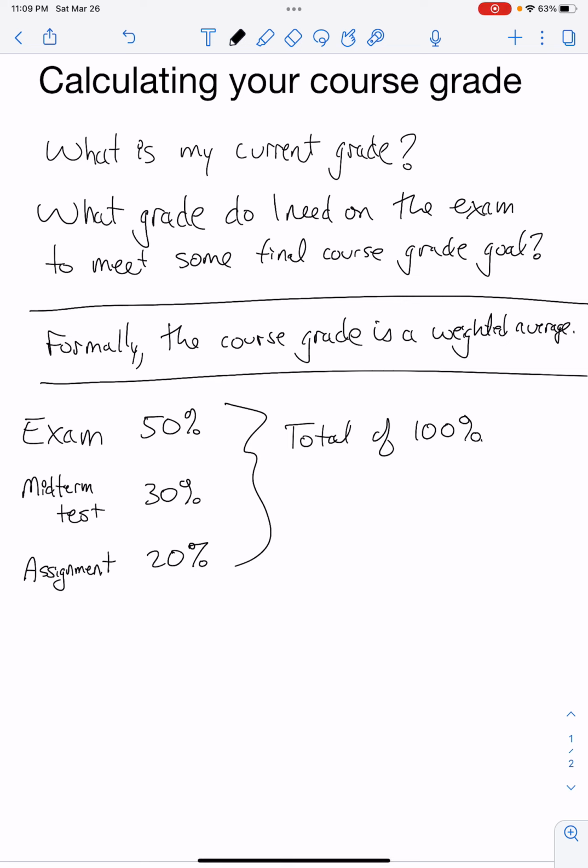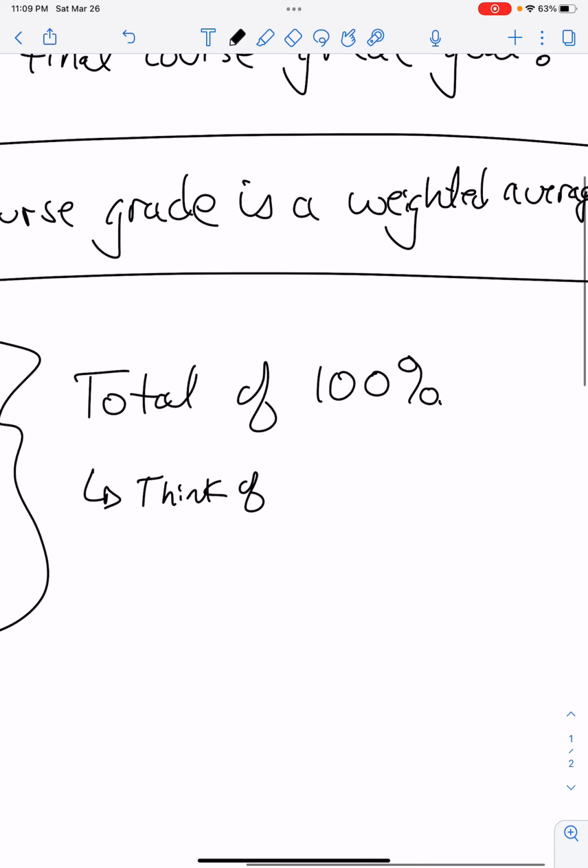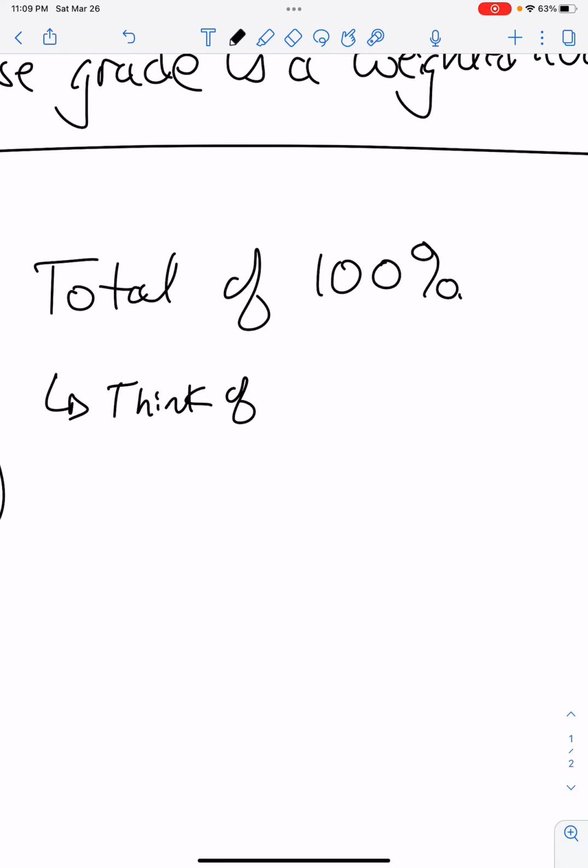Now, there's a couple ways to think about this. You can go straight to the weighted average if you're comfortable with that. But one way to think about it is, think of this as a total number of points. So this total of 100%, you can think of as a total number of points, and that total number of points is 100 points.